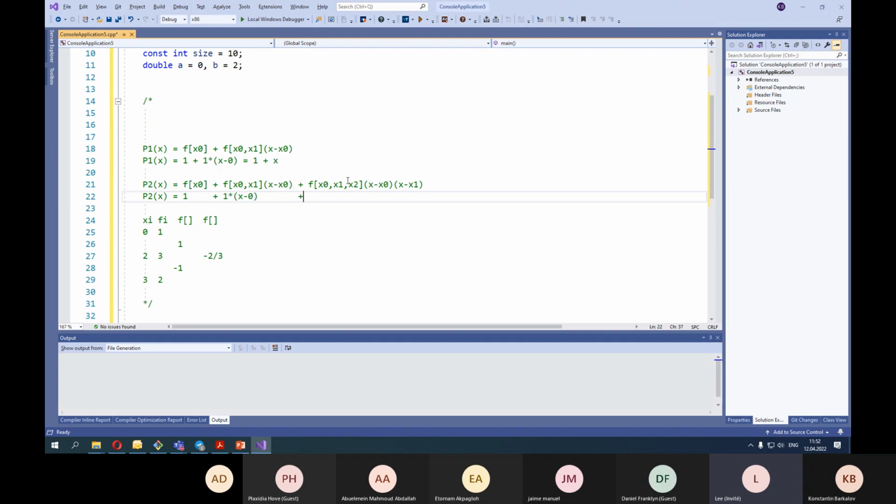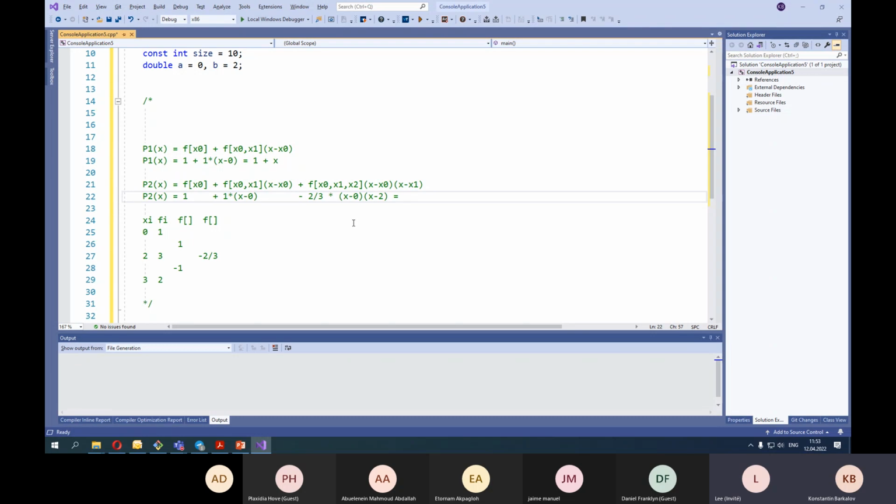Plus the last divided difference, minus 2 over 3. Let me write it with minus 2 over 3 times x minus x0, x minus x1, x1 is 2. Very simple.